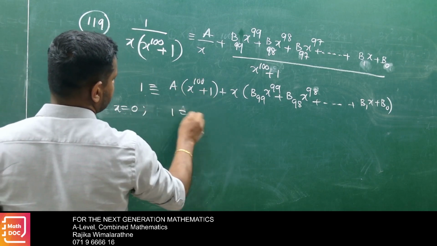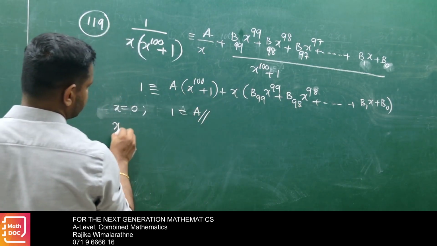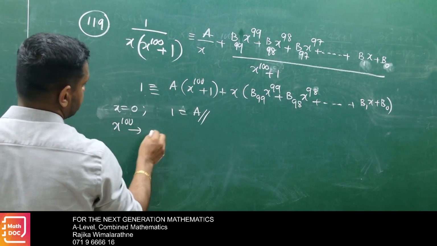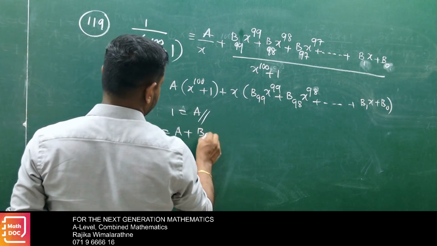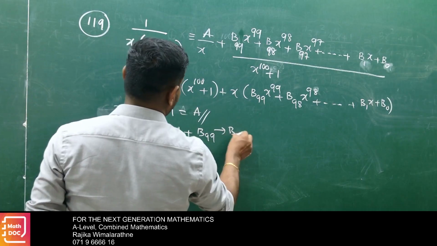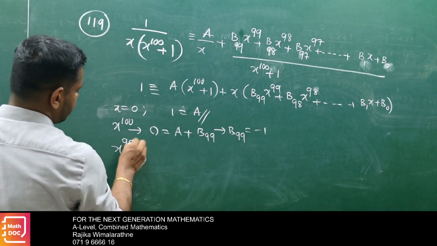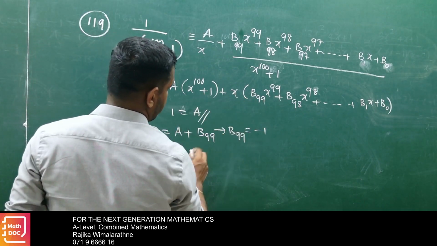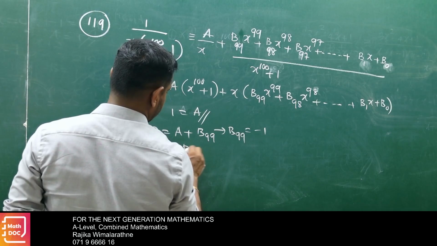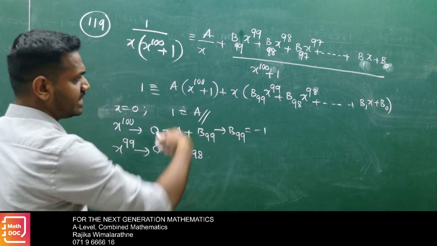Then 1 equals a, so a equals 1. Then the x to the power 100 coefficient: 0 equals a plus b99, so b99 equals 1 minus 1, which is 0. The x to the power 99 coefficient is 0, so b98 is 0, and all the others are 0.